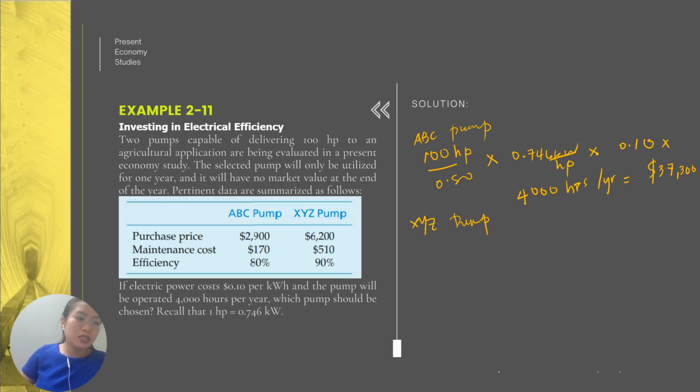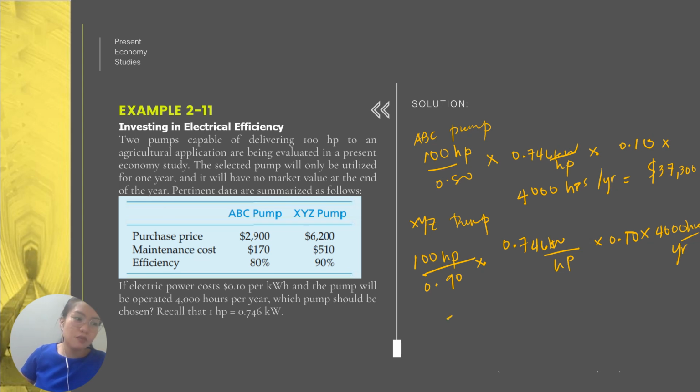Now, how about the XYZ pump? How much is the expense of its electric power? We have 100 HP again. The efficiency is 0.9. We convert units so that we can cancel out, then the cost, and how long it will be operated, 4,000 hours per year.